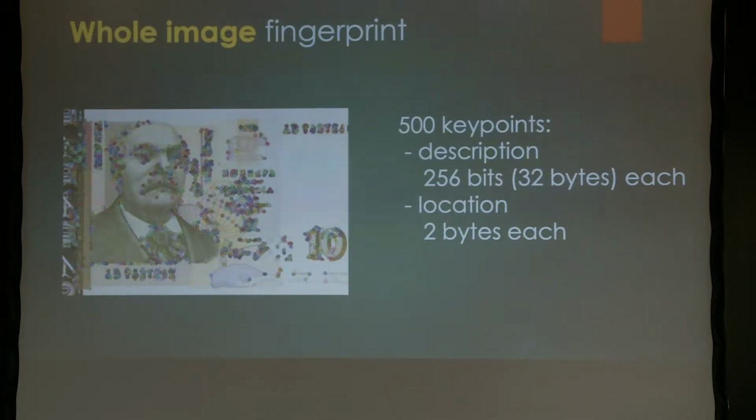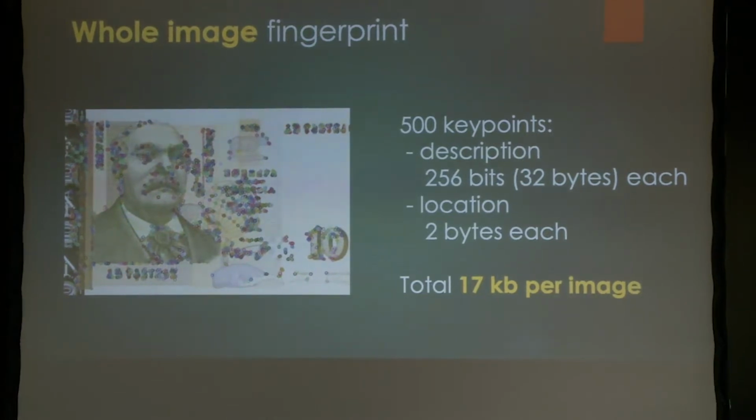We don't need size, we don't need rotation or anything else, we just need their location and their description. That in total is 17 kilobytes if you compute it: 500 multiplied by 32 bytes, plus 500 multiplied by 2 bytes. That's our fingerprint. Pretty simple, huh? Just 500 key points described with their locations.